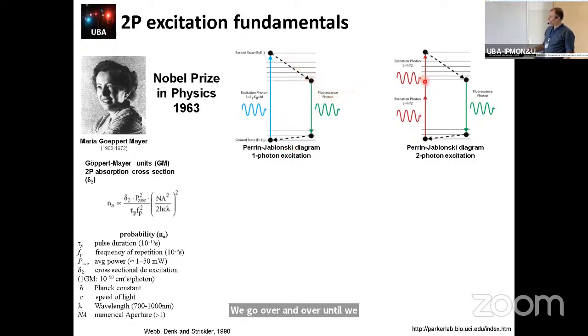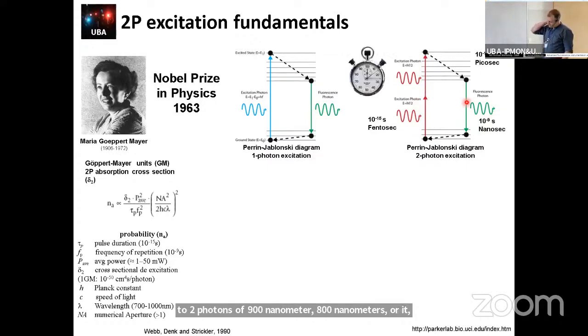In two-photon excitation, what the literature says is that we use two photons of half the energy. Let's say if we have 400 nanometers here, we need two photons of 800 nanometers, sorry, and the fluorescence will occur anyway.